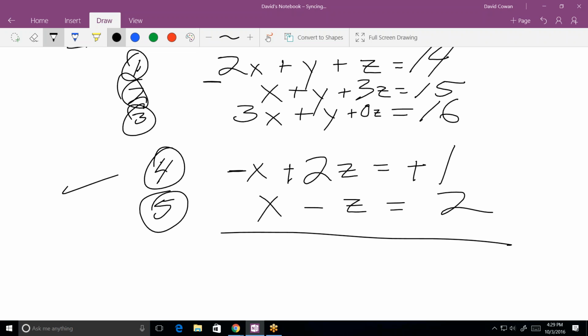Now I can add the two equations, and x will still go away, but the arithmetic's a little easier, isn't it? Yeah. It's not -2z minus a minus z. If I'm adding these two, then this becomes z equals 3.